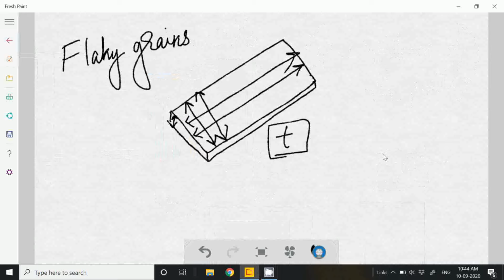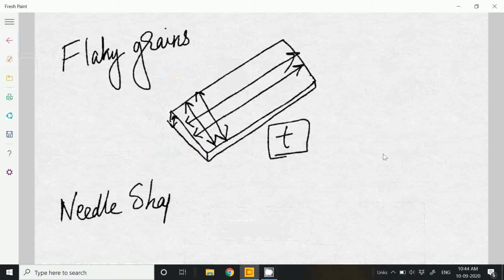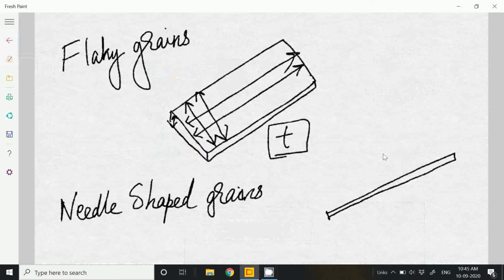Then one is the needle shaped grains. Obviously needle shaped grains will look like this, right? It will have some cross section like this. In needle shaped grains, one dimension is particularly greater than the other two.